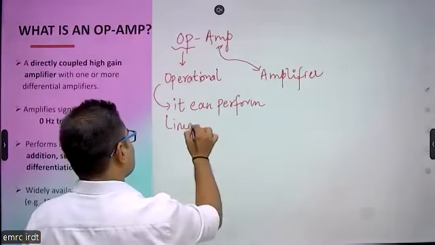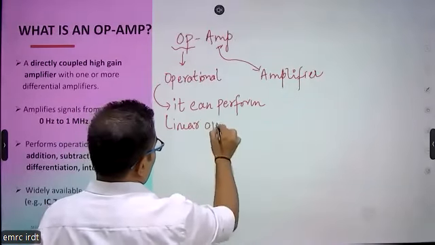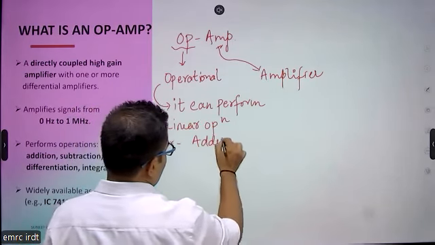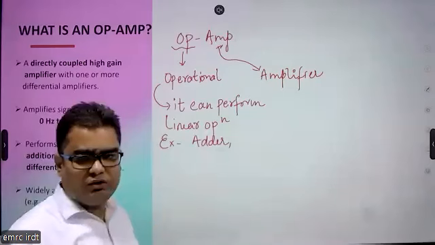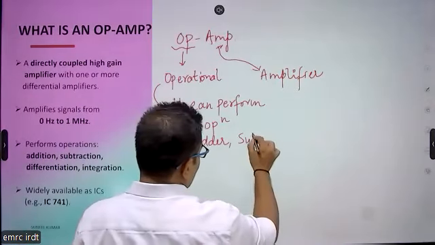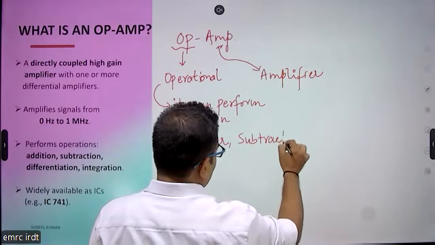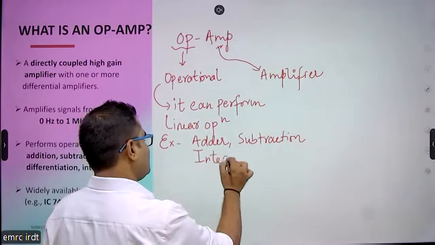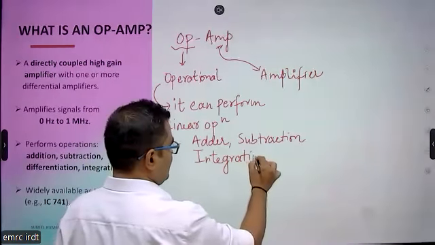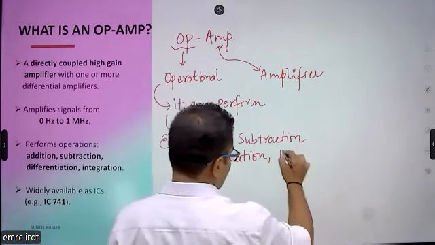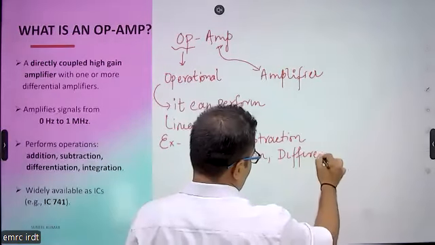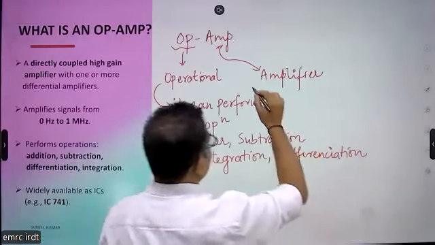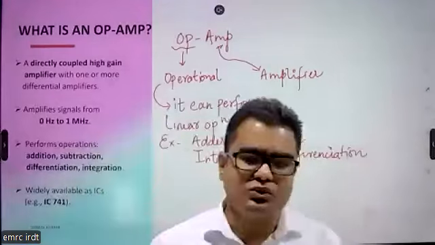Like addition, that we can conclude with adder, subtraction, we can do integration also, and the opposite of integration, that is differentiation. So these kinds of operations we can perform through this operational amplifier. That's why this is known as operational.